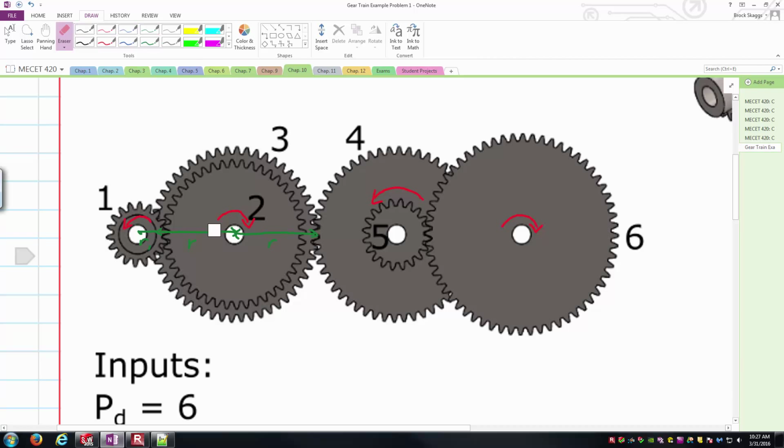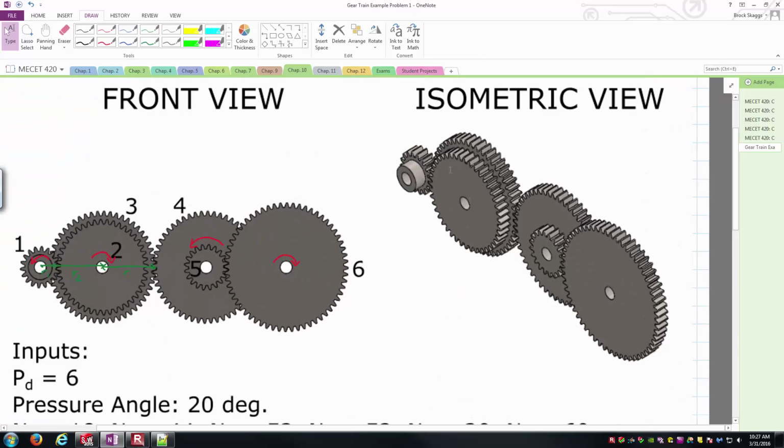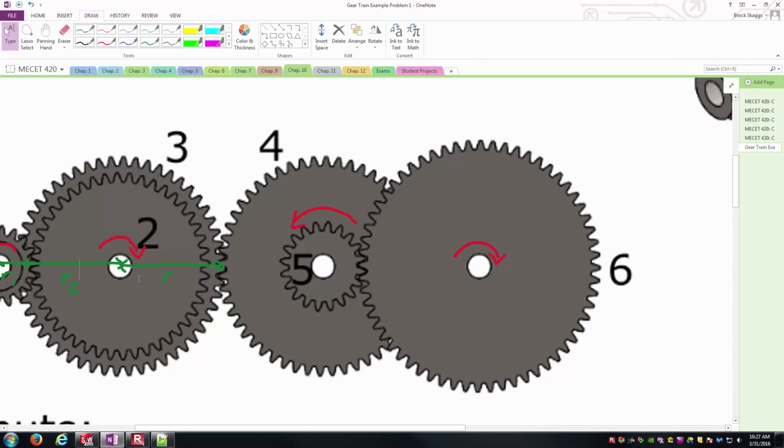We'd have R2 right here. The reason I'm saying R2 is because if we look at the ISO, gear 1 mates with gear 2 here, so it'd be the sum of R1 and R2. And then finally, we'd transfer back to the back gear, which is R3. My apologies. And so we'd have R3 here. And then from here to the center distance, well, that's the meshing of 3 and 4. So this would be R4.